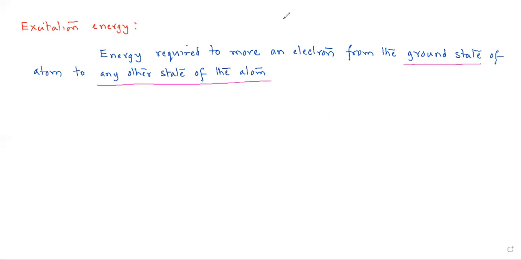If you want to take the electron from the ground state to any other state, what is the energy that is required? And if suppose the same thing is expressed in terms of potential, we call it excitation potential.